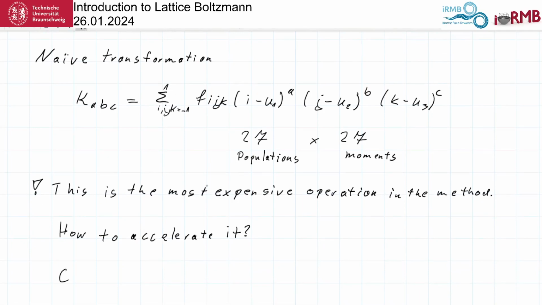And here comes the idea of a chimera into it. So a chimera is something that is part one and part the other, right? And the idea here is to use something that is part distribution and part moment.